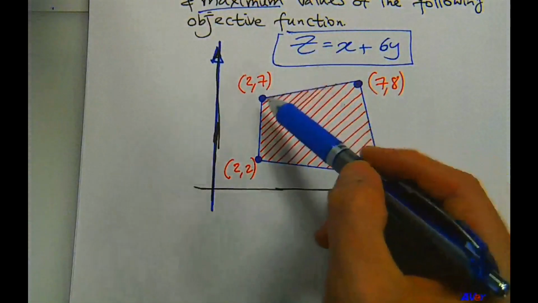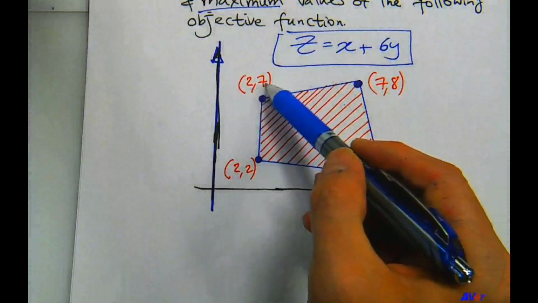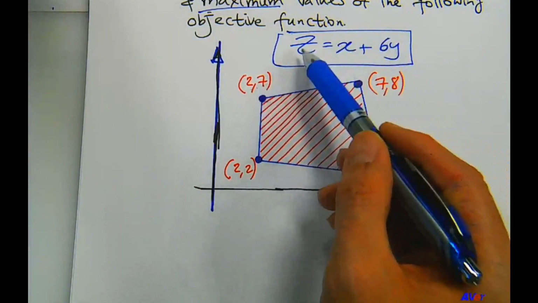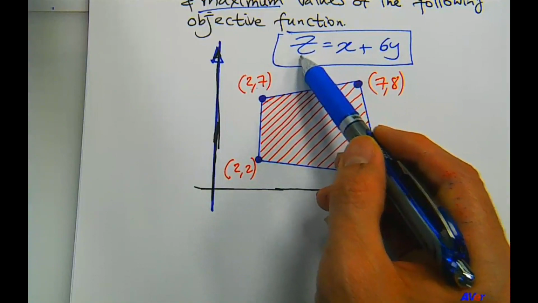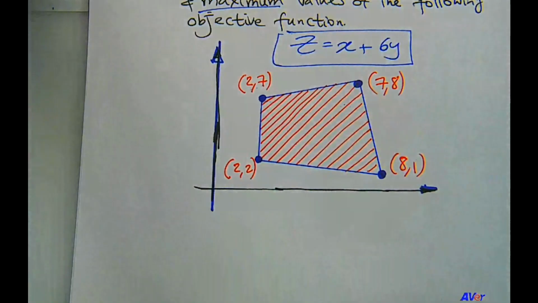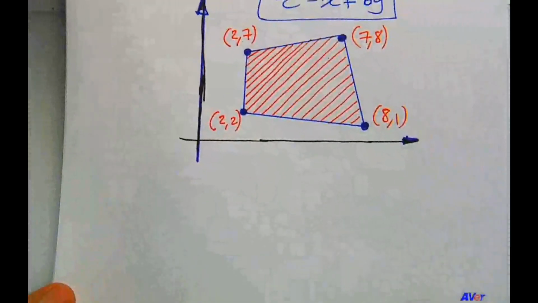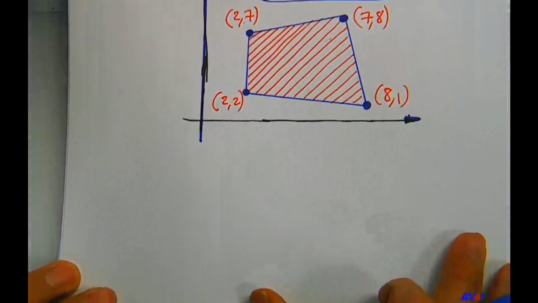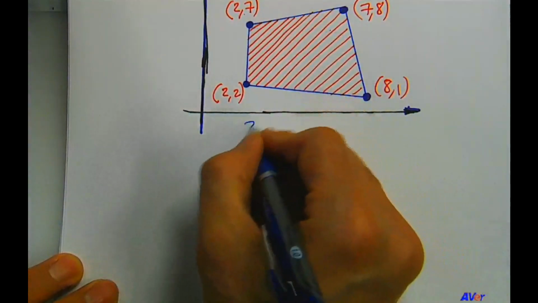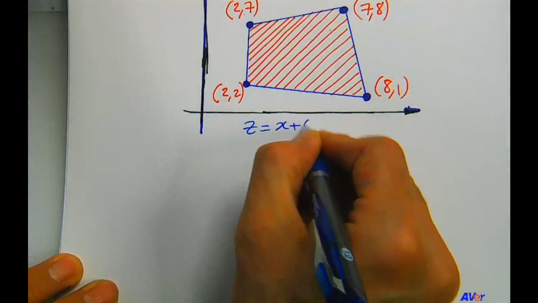It's easy. We're just going to plug in these coordinates for x and y in the objective function and see where z is minimum and maximum. So let's do that. I'm going to rewrite that objective function here so you can see it on the screen. Z equals x plus 6y.